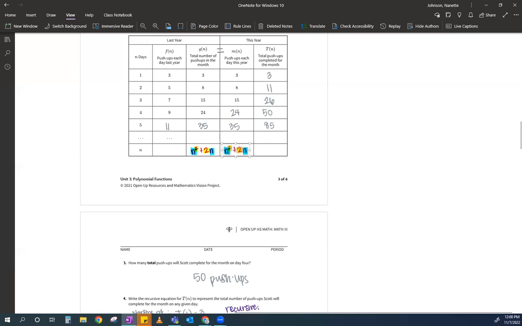How much did we add? How much did we add? 50 push-ups on number 1. What?